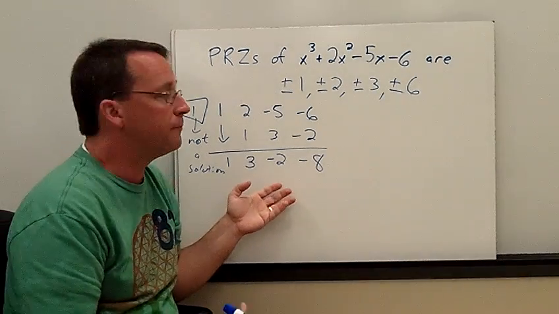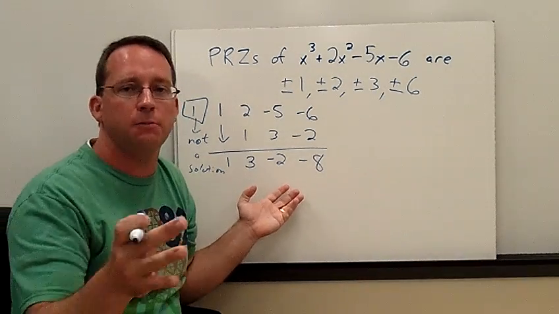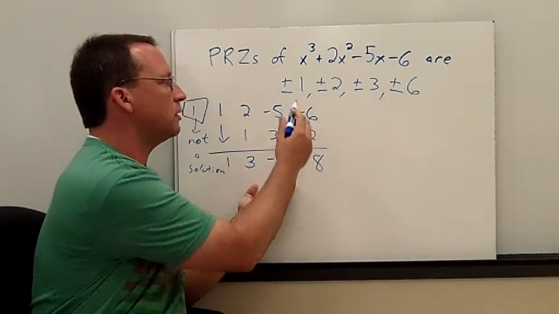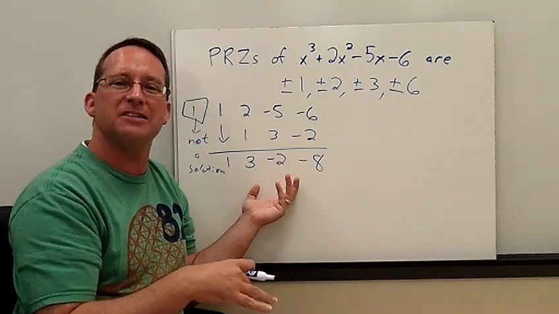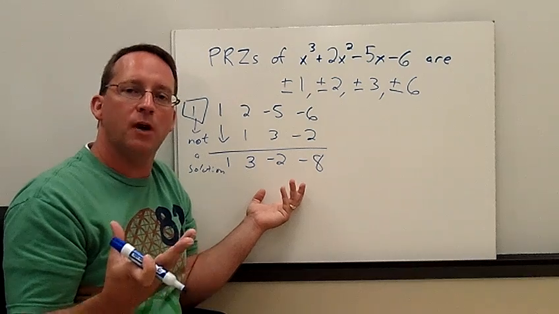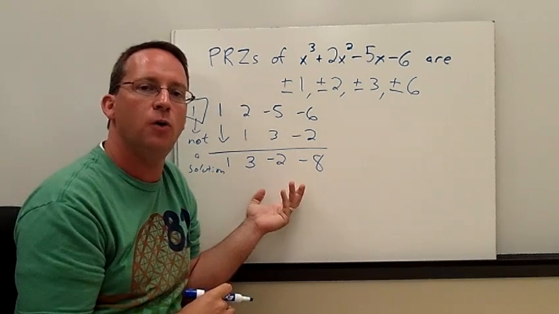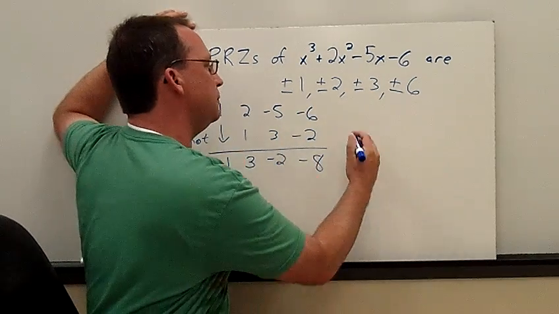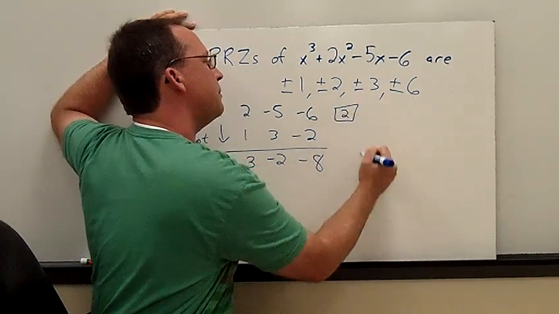So 1 didn't work. I just throw that aside, I try the next one. Now it's up to you what order you want to try these in. Some people, if positive 1 doesn't work, go to -1. I like to try the positives first, and then if those don't work, go to the negatives. Basically just whatever numbers seem like it'd be easy for you to try in your synthetic division. So I'm going to go to positive 2. Put that in the box.